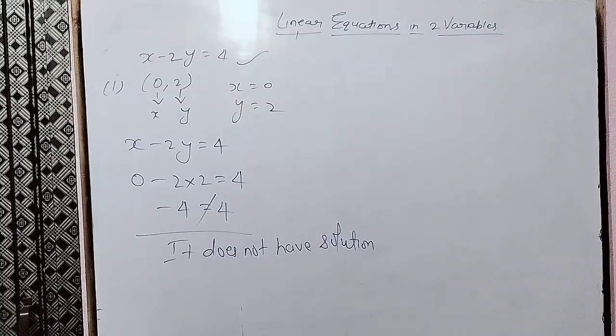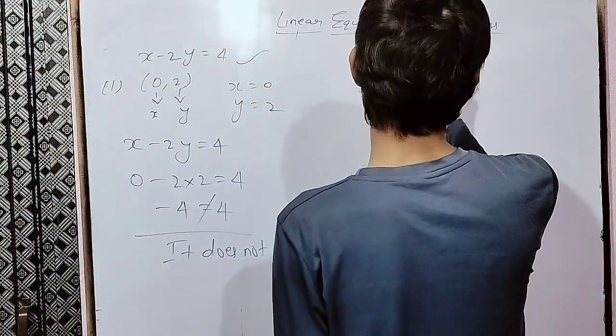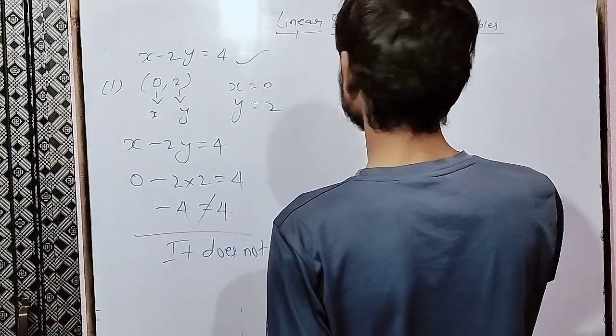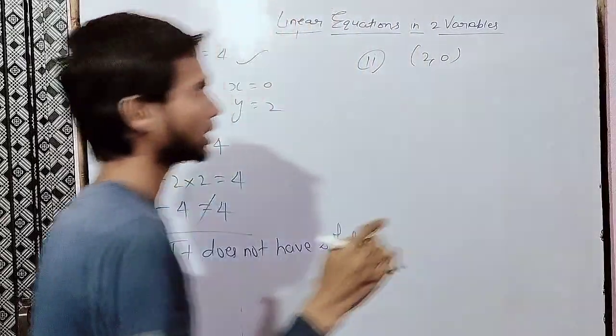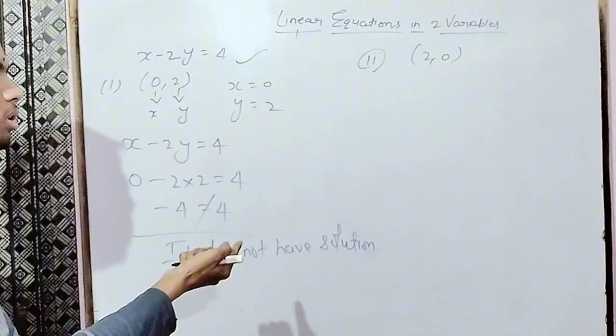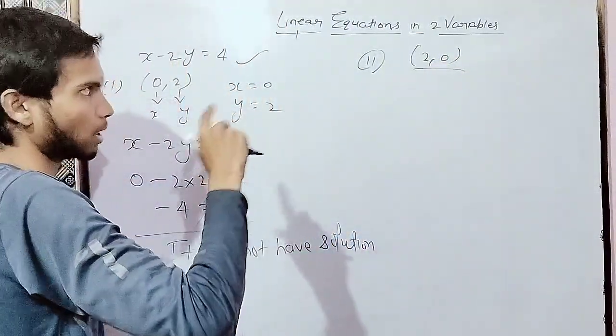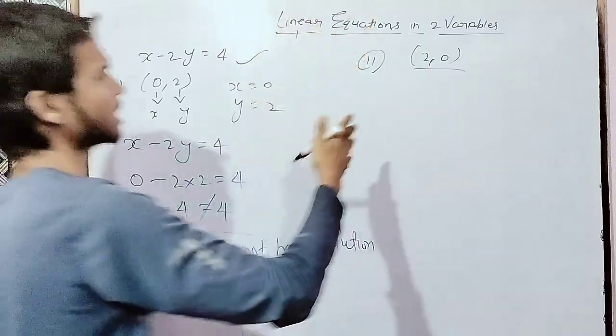Now second, if the coordinates are 2, 0, you have to tell whether this equation has a solution or not. You know that in place of x is 2, in place of y is 0.